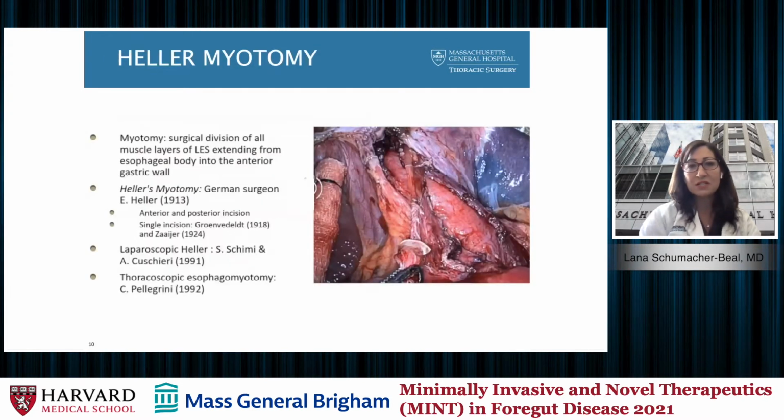So today we're here to discuss the Heller myotomy, which is the surgical division of all the muscle layers of the lower esophageal sphincter and also extending into the esophageal body and into the anterior gastric wall. And Ernest Heller first described this in 1913. He was a German surgeon, and he described both an anterior and posterior incision in performing the myotomy.